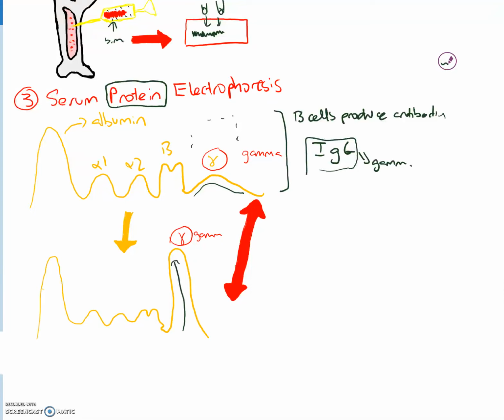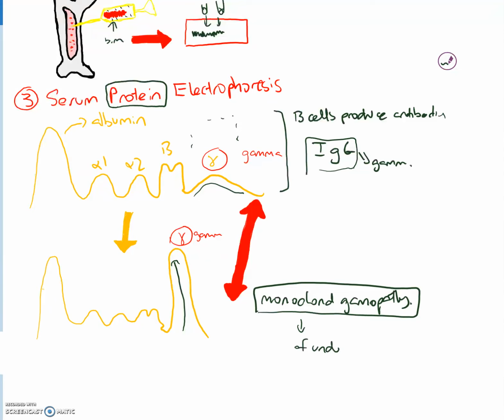This is known as a monoclonal gammopathy. And this is a very good indication that the patient may have multiple myeloma. It could also be monoclonal gammopathy of undetermined significance.